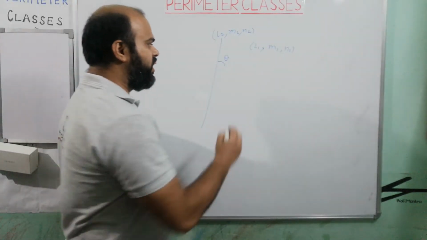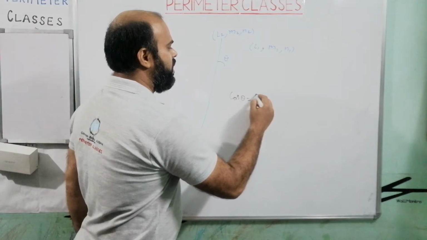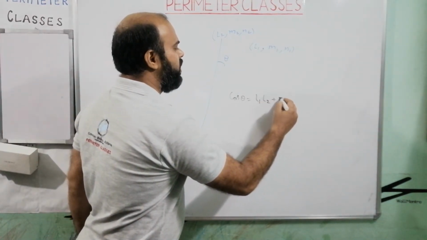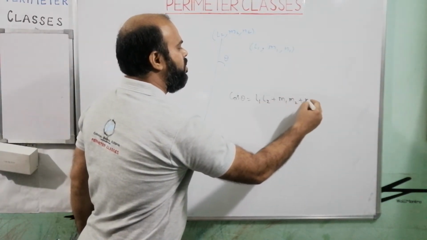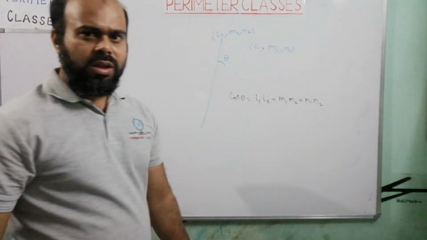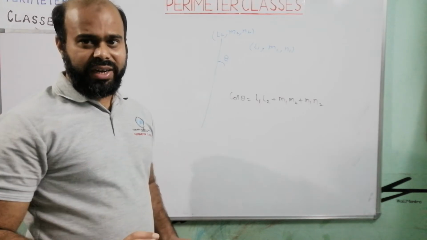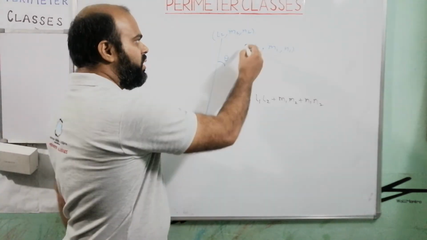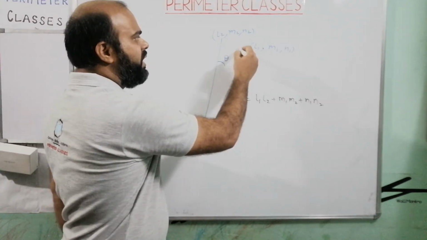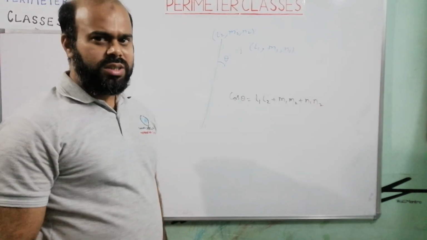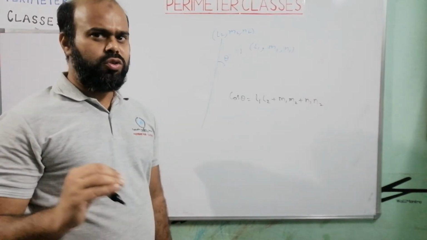So cos theta would be L1 into L2 plus M1 into M2 plus N1 into N2. The reason you can understand for now, later in vectors we will see further, is that this actually represents a vector. Some basic understanding of vectors I think you know.